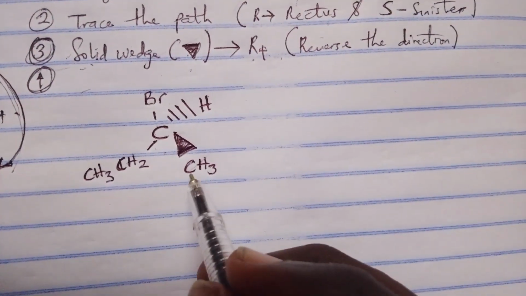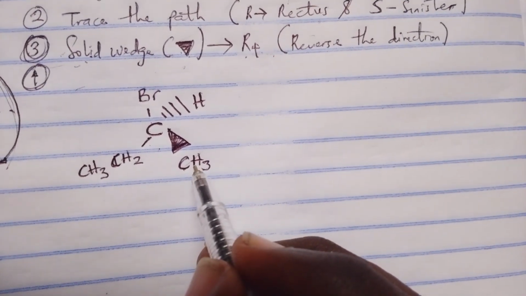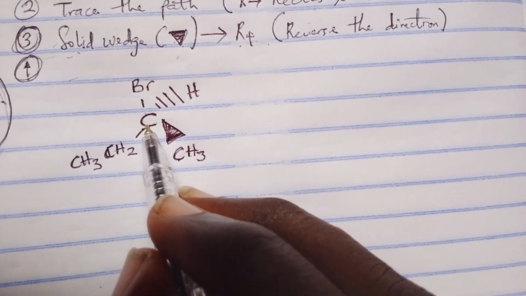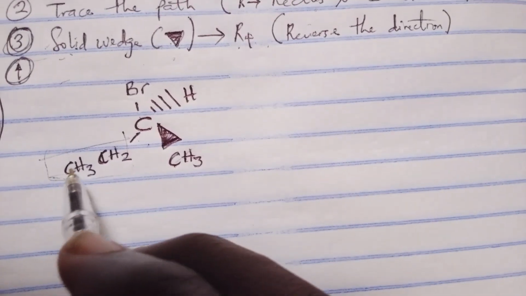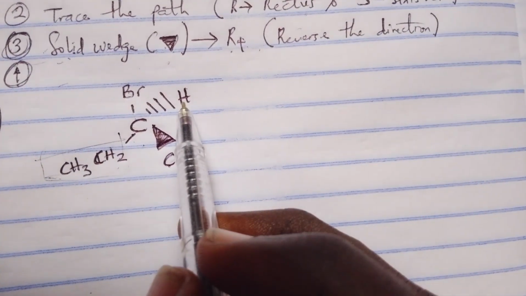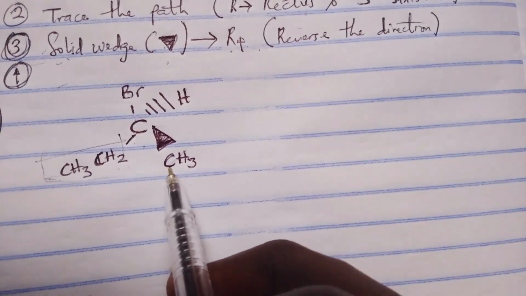Now if you check it out, this carbon here is not a chiral carbon because it's attached to 3 hydrogens, which are identical groups. This carbon here, let's check it out. This one here is ethyl, right? Because CH3CH2 is ethyl. This one here is bromine. This one here is hydrogen, and this one here is methyl.